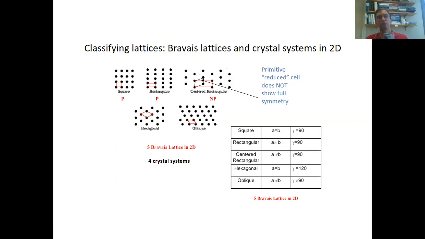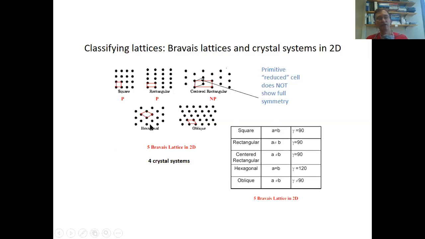All right, so then there are two more possibilities actually. We have also a hexagonal crystal system. And in that hexagonal crystal system, we have a unit cell in which, again, A is equal to B, but now the angle in between A and B is 120 degrees.